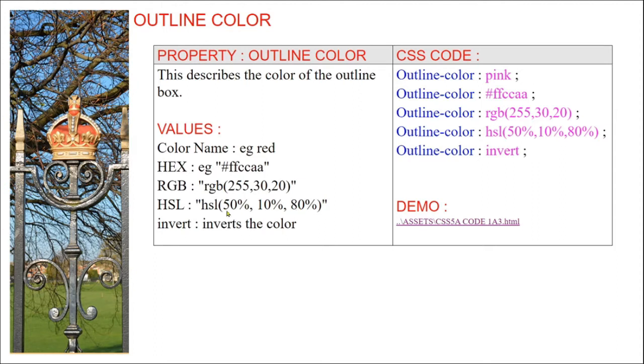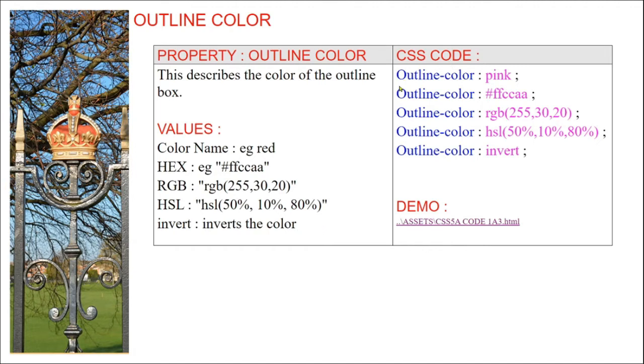Here, for example, 50% of the red channel would be half of 255, if this was the 100%, then that would be equivalent to RGB 255. You can also invert the color to what it is presently, so this will invert the color to whatever the color's been set. Maybe it's been set by another CSS function somewhere else, and then you can invert it.